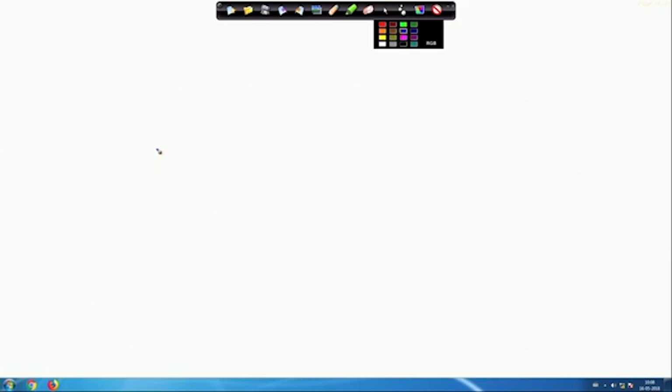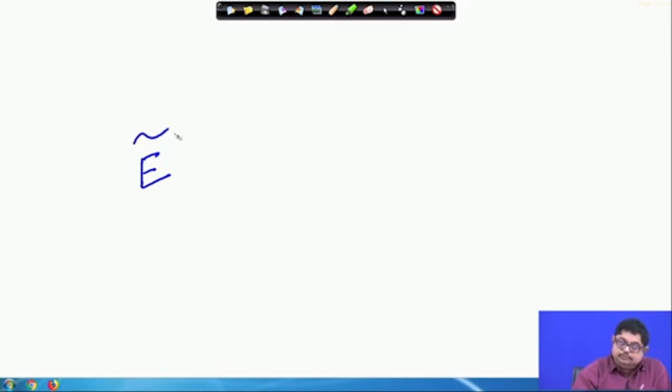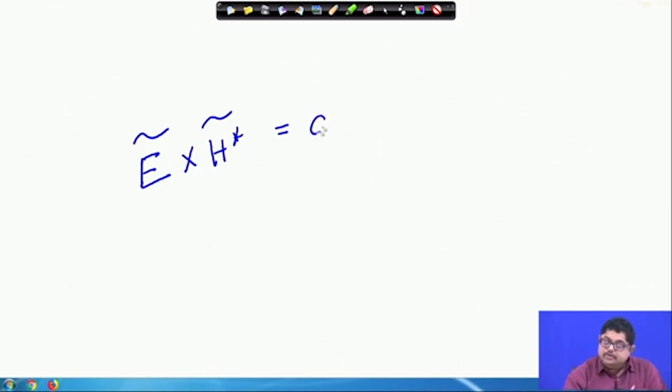So, you can find that E cross H star will have a radial component.